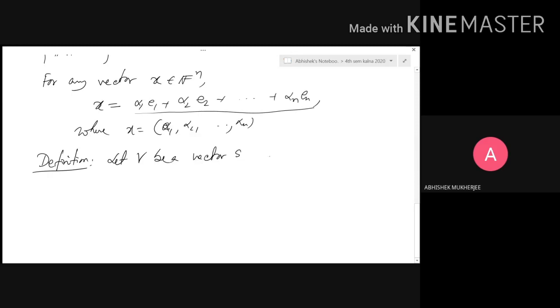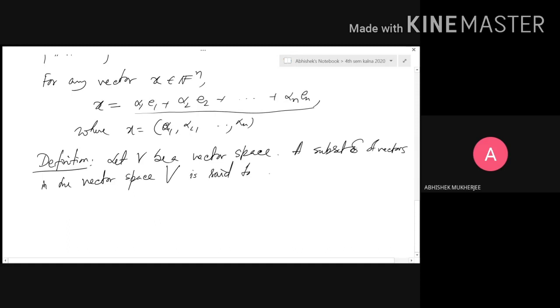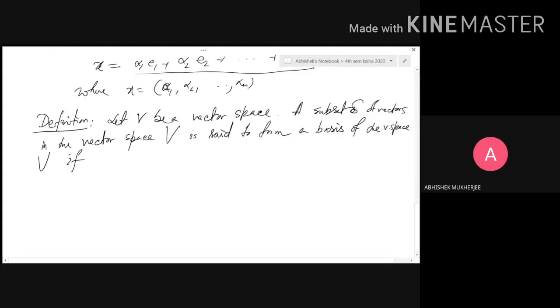A subset S of vectors in a vector space V is said to form a basis of V if two conditions are satisfied by S. The first condition is that S is linearly independent.